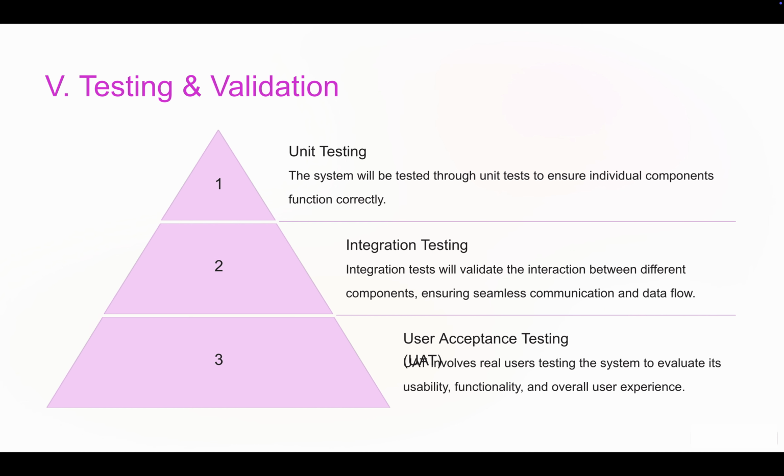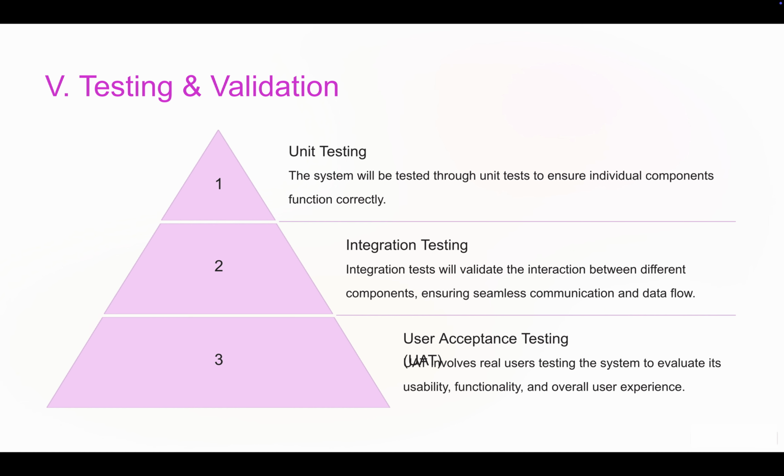For testing the code, the system will be tested through unit tests to ensure individual components function correctly. So before combining everything, we will test the knowledge base. Is it correct? Did we put everything in the right way? For the inference engine, is it correct? We're going to test it. And for the user interface, we're going to test it also.